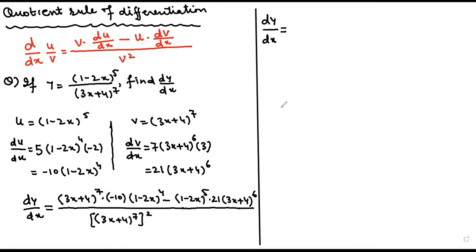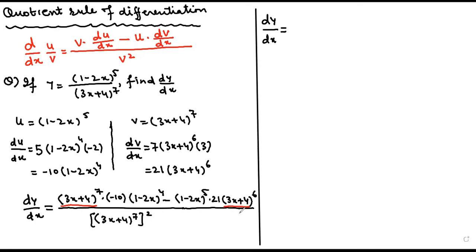Now, you can see that in the numerator, there are two functions. One is (3x plus 4) power 7 in the first term and (3x plus 4) power 6 in the second term.